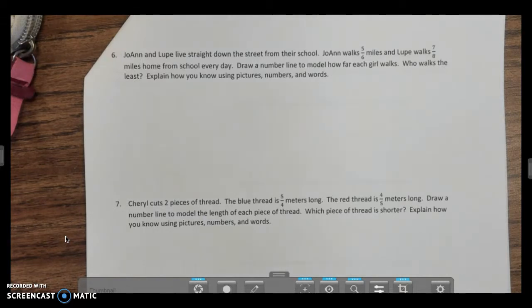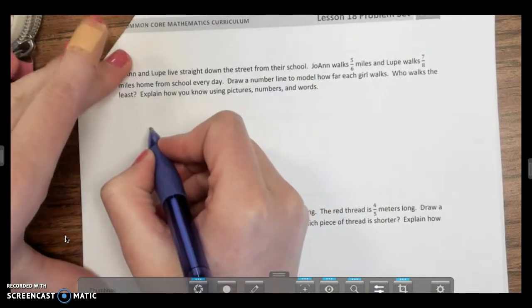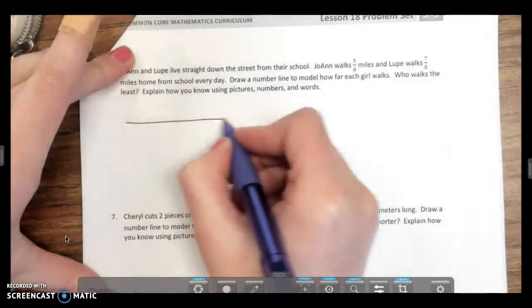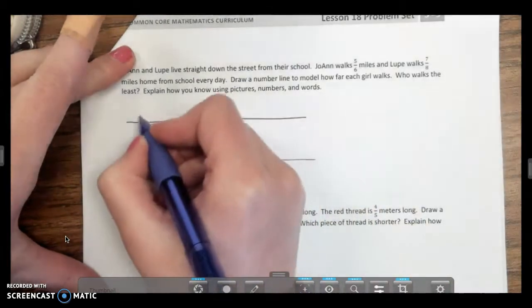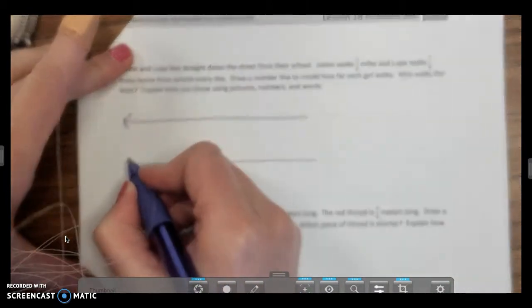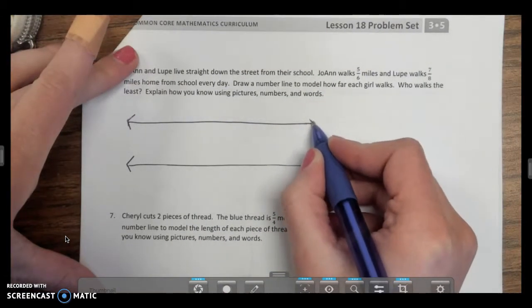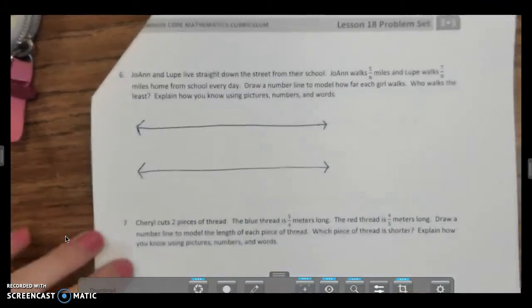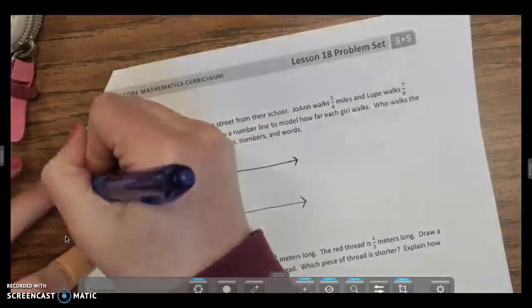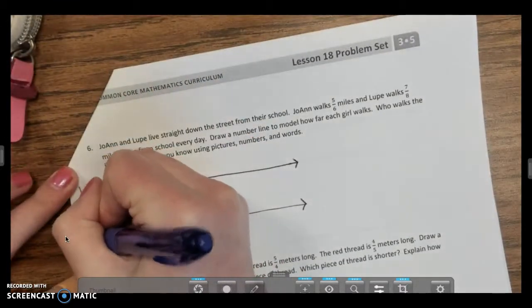So what we're going to do is draw our 2 number lines. I'm going to make sure they're lined up exactly like each other. Okay. So now I'm going to say this one is Joanne, this top one. And this one is Lupe.